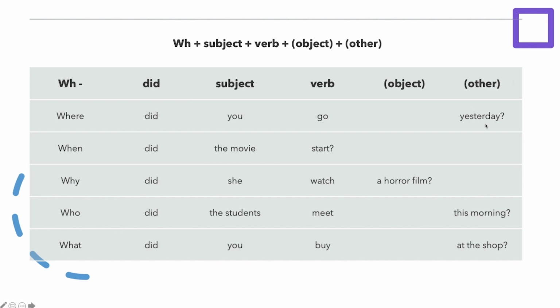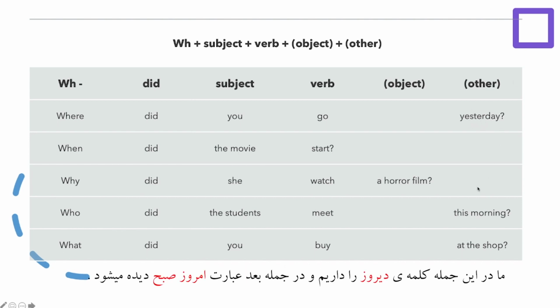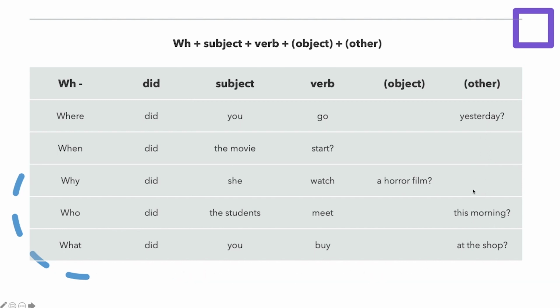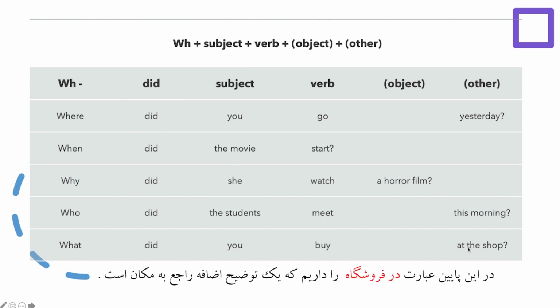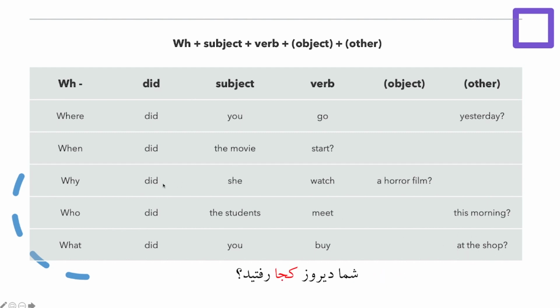Okay, so here we have yesterday, here we have this morning. So yesterday and this morning, this is some extra information about time. And the bottom here we have at the shop. This is extra information about place.